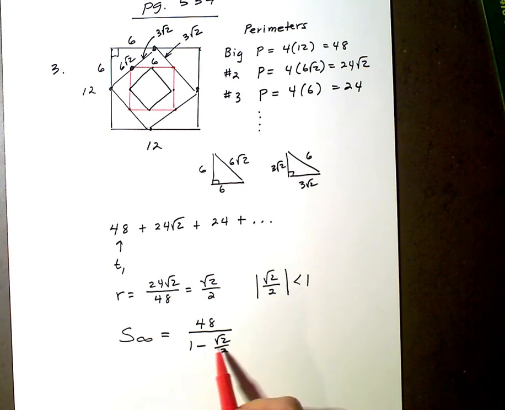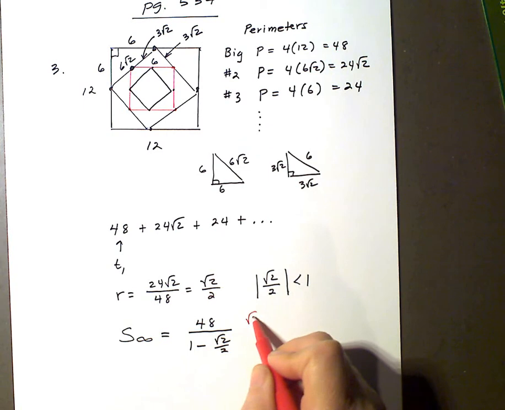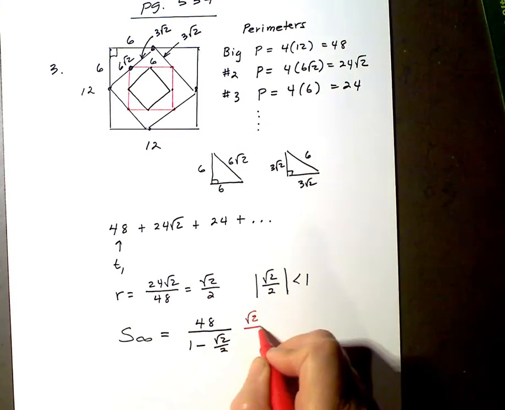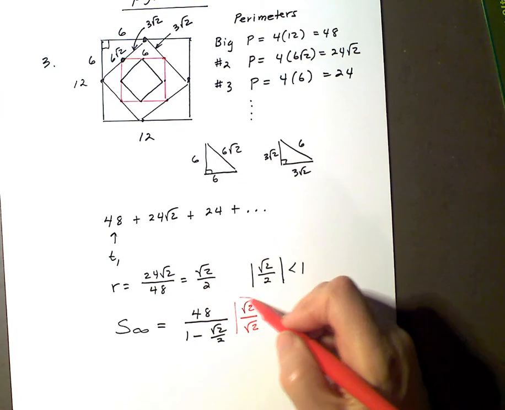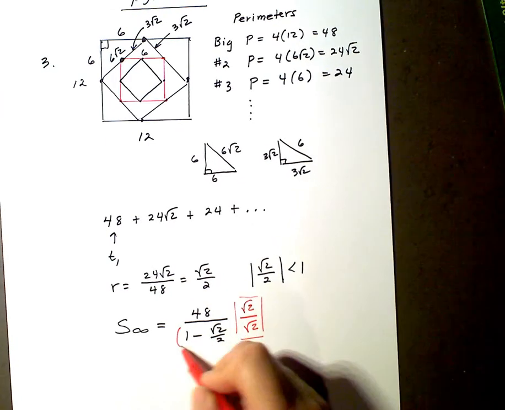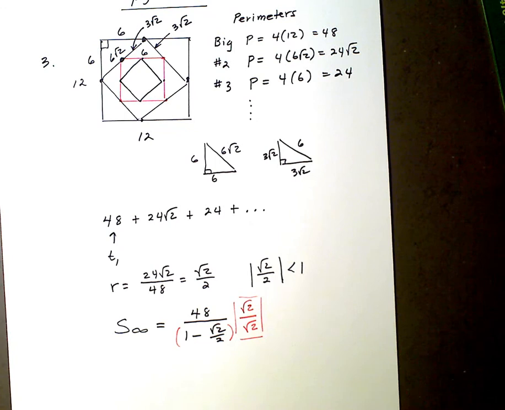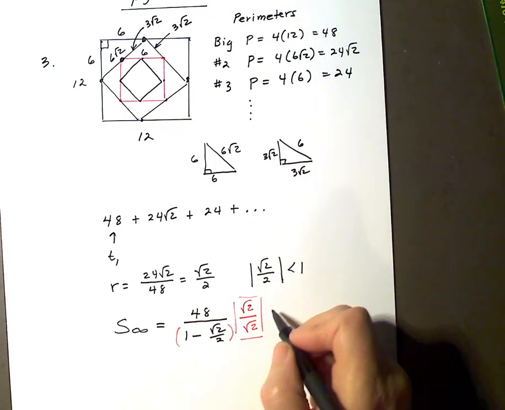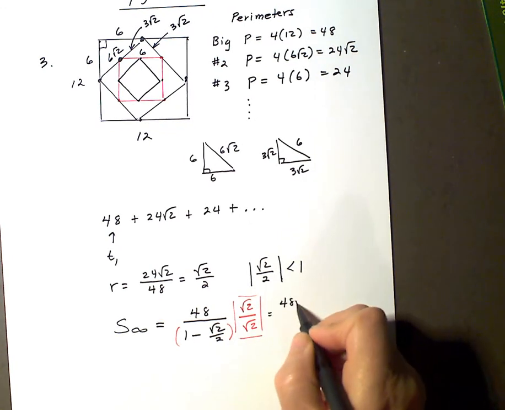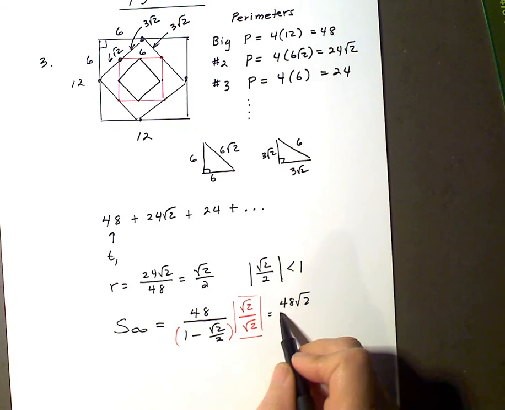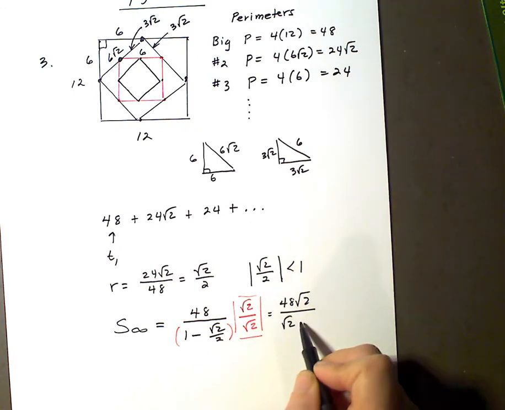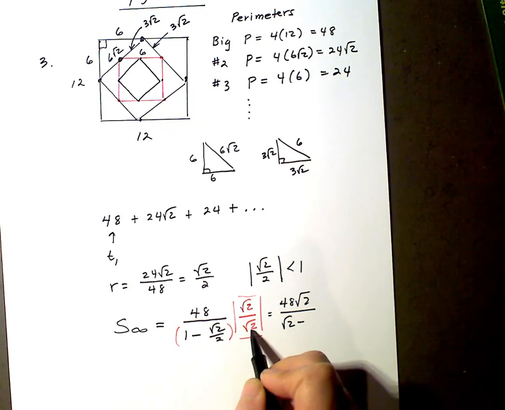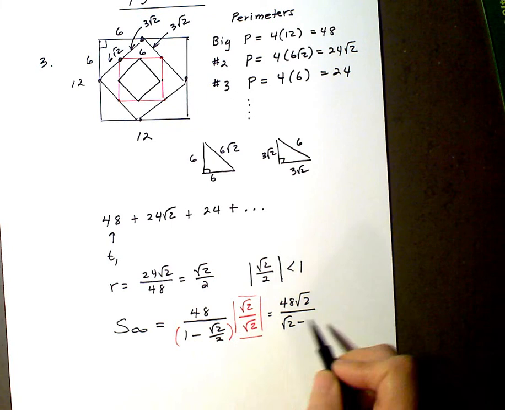I'm going to multiply numerator and denominator by 1 in the form of root 2 over root 2. So in the numerator, I'll have 48 root 2. And in the denominator, using distributive property, I'll have root 2 times 1 minus root 2 times root 2 over 2, which is 2 over 2, which is 1.